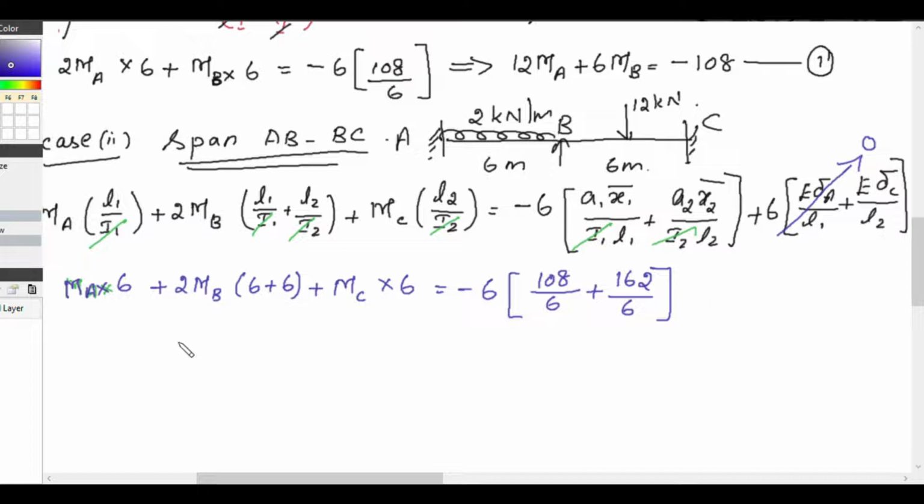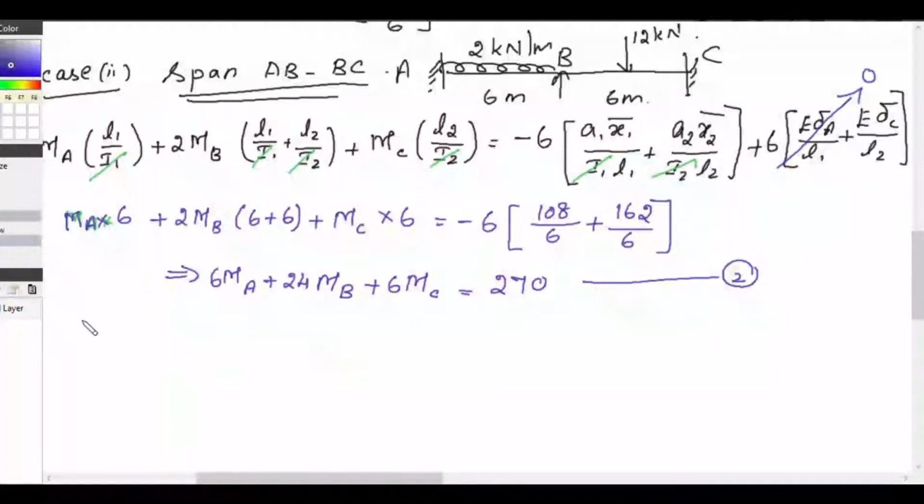From this we get 6 MA plus 24 MB plus 6 MC is equal to 270. This is our equation number 2.